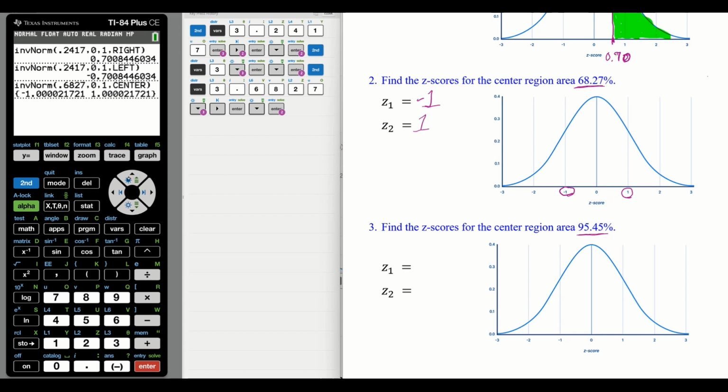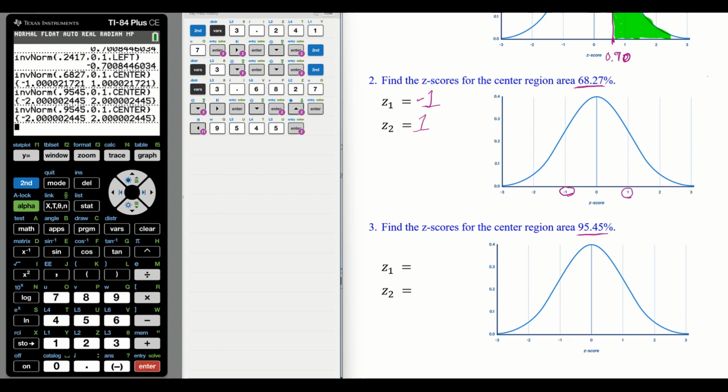Okay, I'm going to show you a little something. I haven't been doing it because I want you to remember where I went, but you can go up, select that, bring it down, and go over and put in the 95.45. Okay, notice everything still remained the same. Oh, I'm sorry, I entered twice.